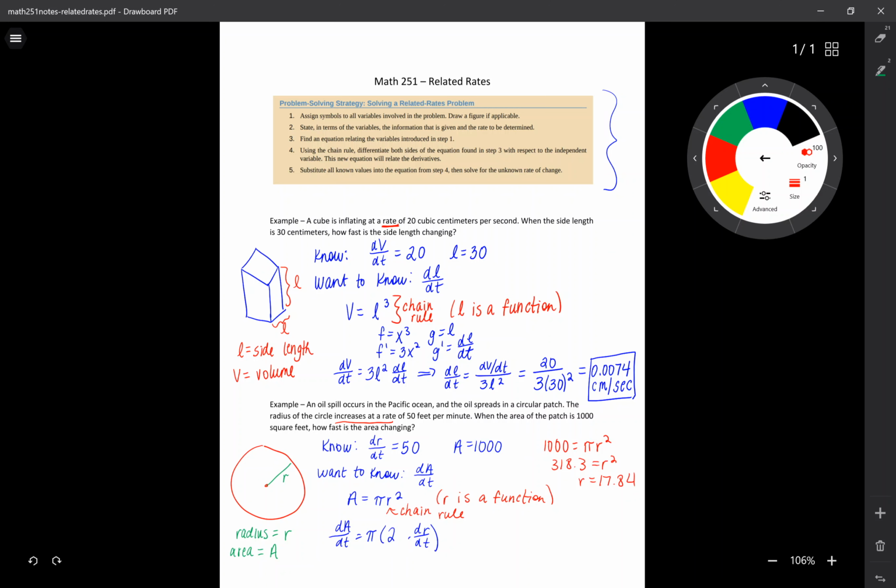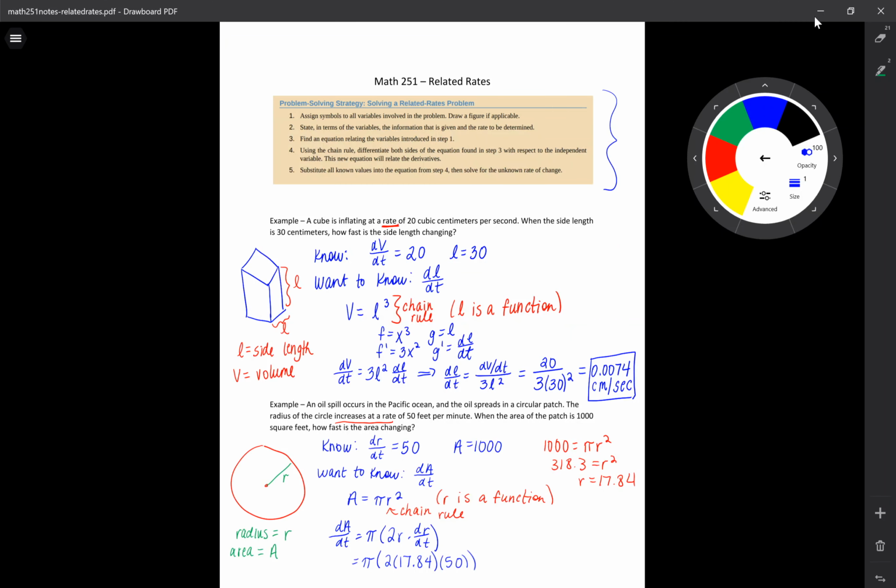So sometimes we have to use these relationships in order to solve for other quantities, but that should be just fine. All right, so let's plug in what we know here. This is pi times 2 times the radius we just solved, 17.84, times dr/dt, which is 50.